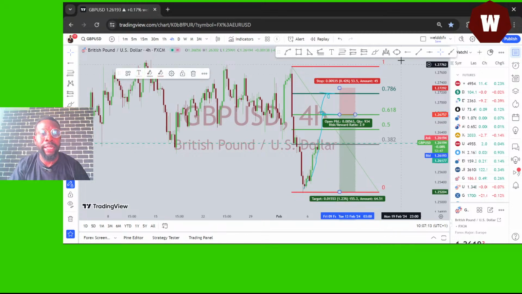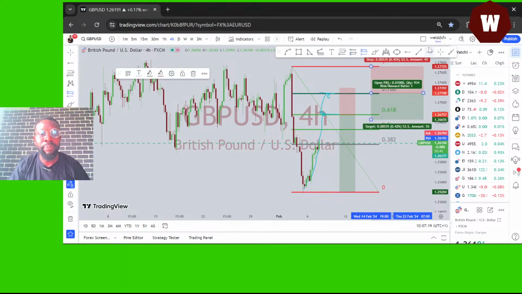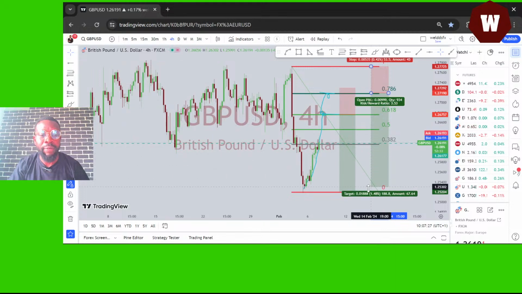So I can take 1 trade there, and I can still take another trade here, depending on the price action that I see. So any of those two are valid trades we can take.